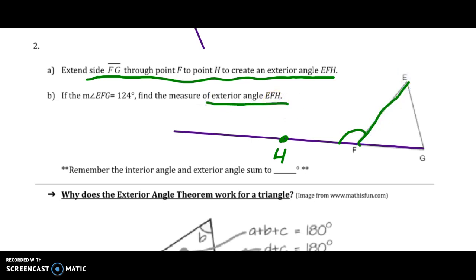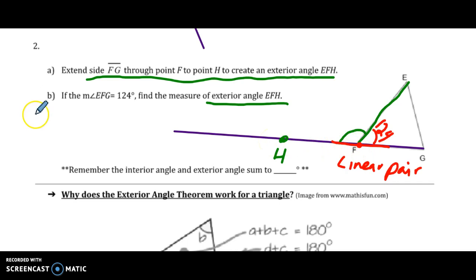Okay. If EFG measures 124, find the measure of exterior angle EFH. Well, we know before this lesson that these two angles form a line. There are 2 of them, so these are a linear pair. So we haven't used any new information yet other than extending that line to draw the exterior angle.